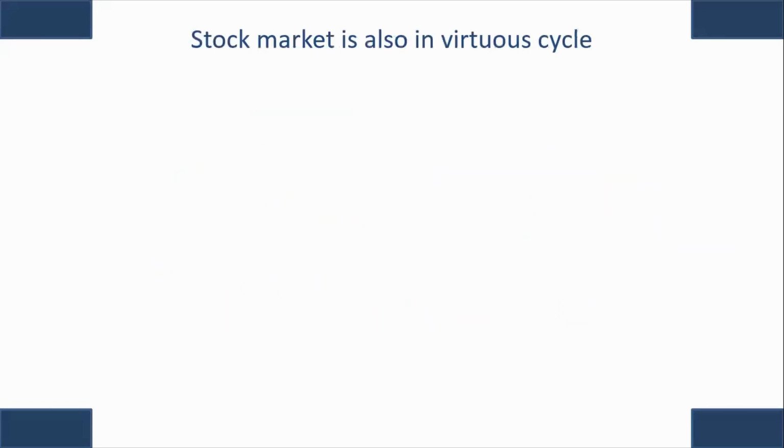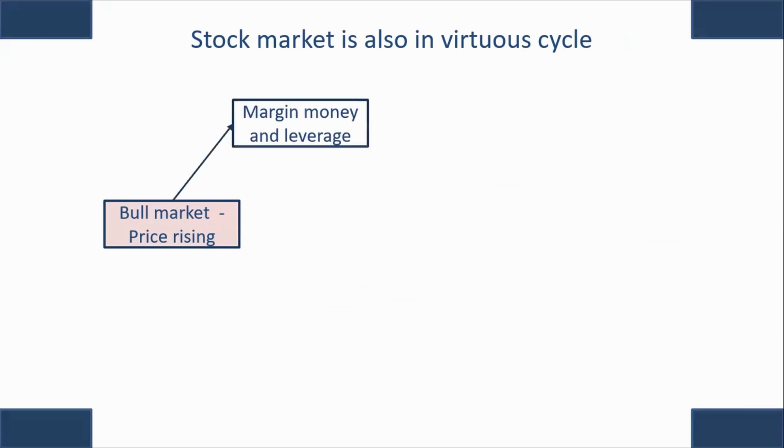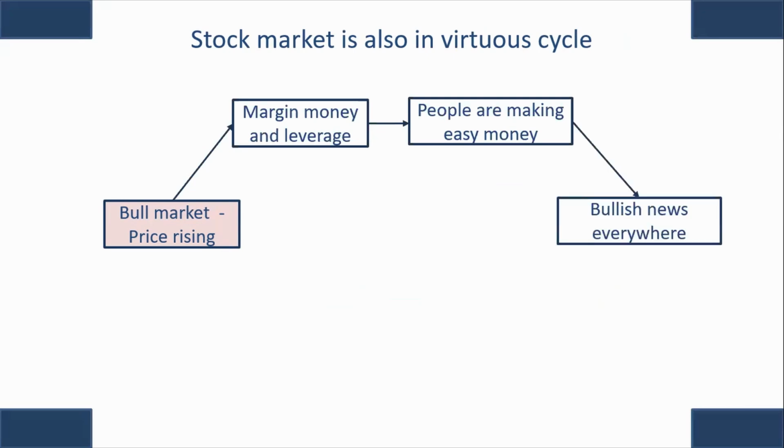And at the same time, the stock market is also in a virtuous cycle in a bull market. Stock prices are rising, and people are using margin money and derivatives to leverage their positions. So a lot of people are making easy money, big money.